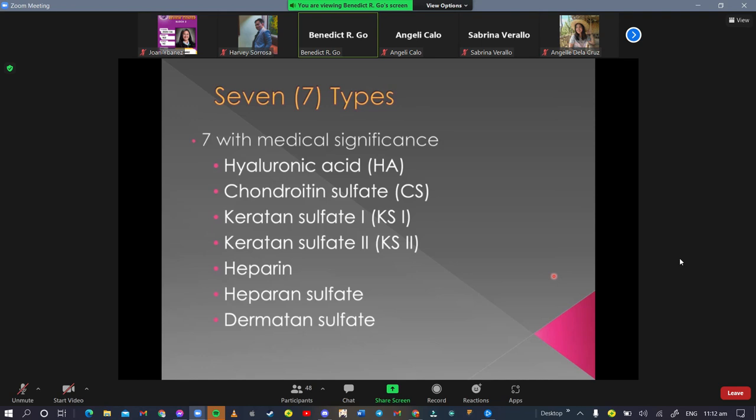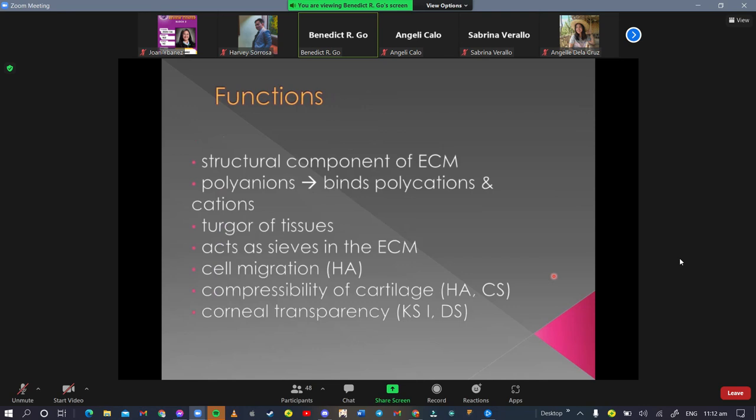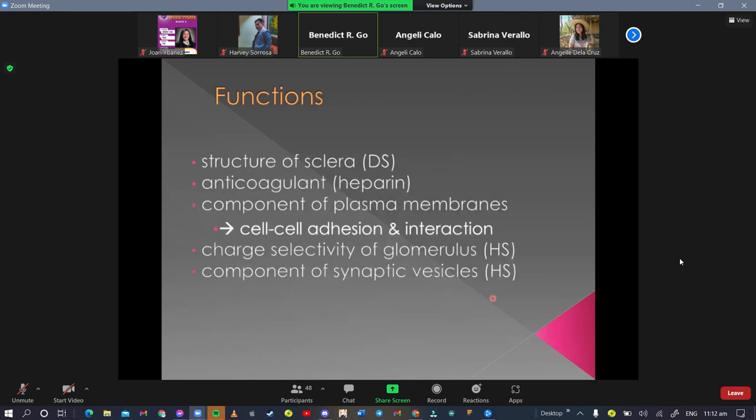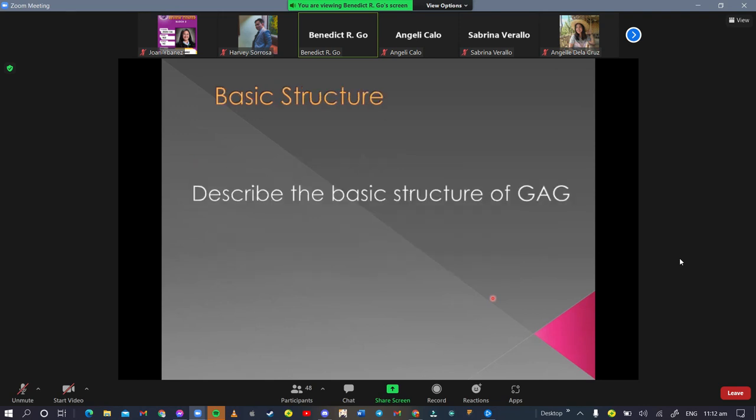So these are the 7 types. The functions, you can all find that in Harper's. Some noteworthy ones are cell migration for hyaluronic acid, and compressibility of cartilage for hyaluronic acid and your chondroitin sulfate. Okay, so some also serve structural functions. Okay, basic structure of GAG.